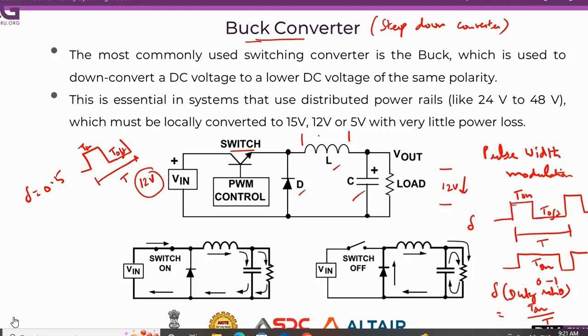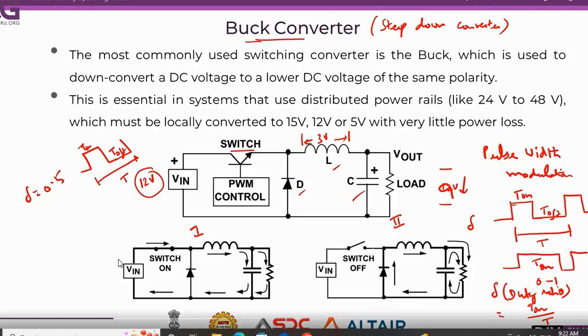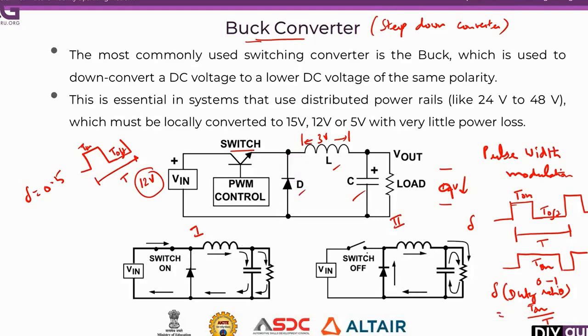If it is 3 volts, for example, 12 minus 3, the voltage here will be 9 volts. This is about the buck converter. Here we have two modes of operation, mode 1 and mode 2. Mode 1 is when the switch is turned on, and mode 2 is when the switch is turned off.